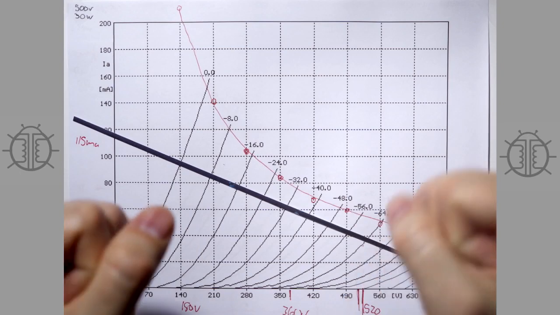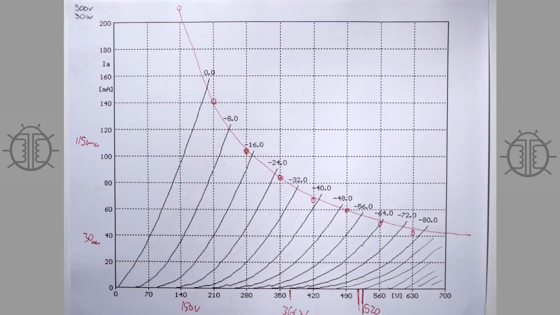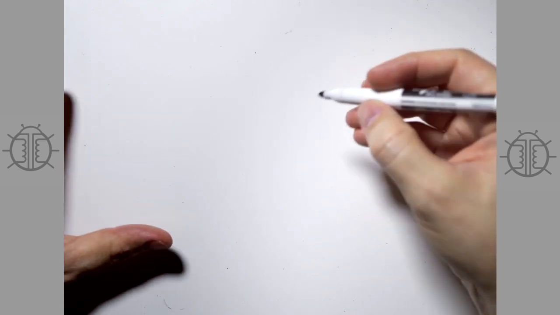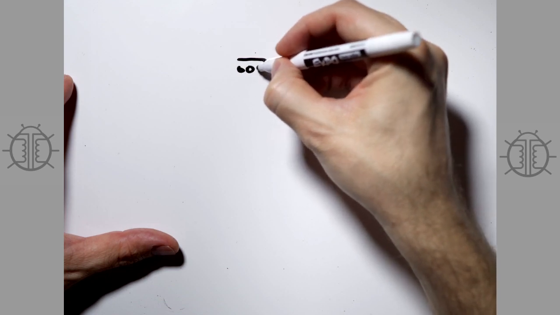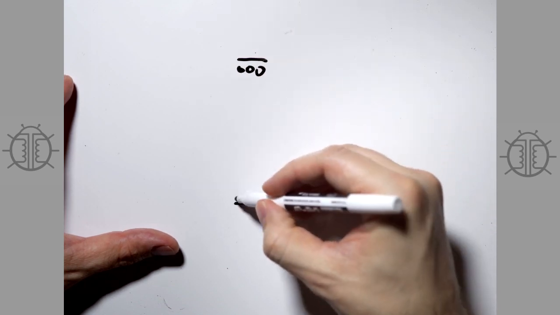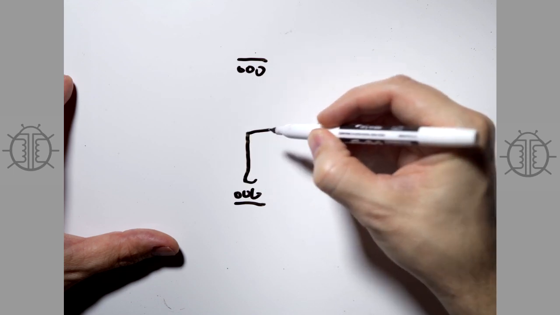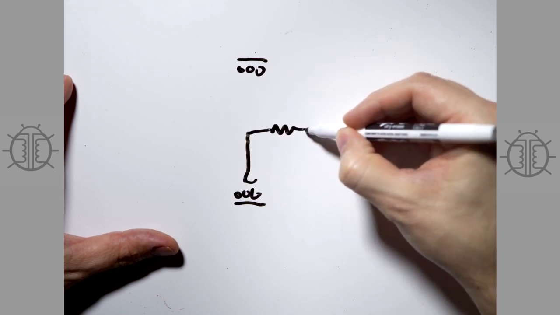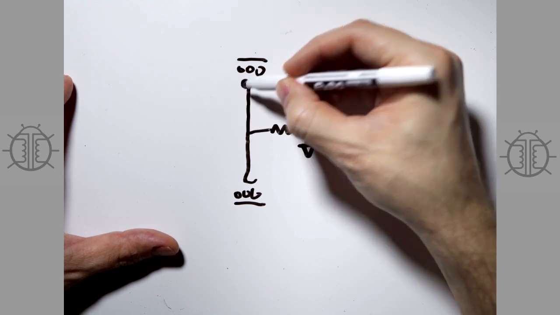in push-pull. So with push-pull output transformers, this is interesting and maybe slightly confusing. They are rated plate to plate. So they're really kind of like 2 output transformers. So this is what your push-pull output stage is going to look like. You know, roughly speaking, right?